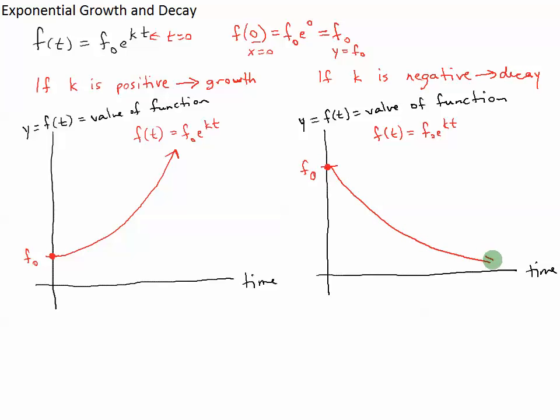And you can imagine if something's decaying, it's never quite going to reach 0, so we end up approaching this asymptote on the x-axis, this y equals 0 line. Over here there is no asymptote because the growth is unlimited. It's growing exponentially. Here we're decaying exponentially, which slows down over time. So that's the idea. We start at f sub 0.